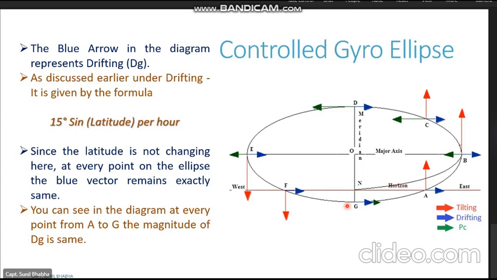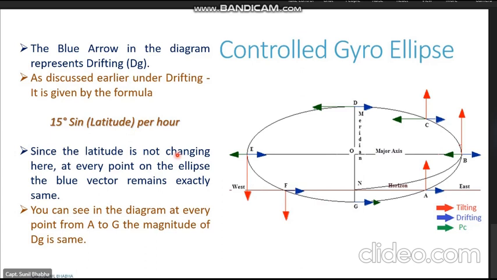If position is same, the latitude will remain the same, and in our formula, 15 degrees sine of latitude will be a constant value. Anywhere you go on the ellipse, at any point, the value of drifting should not change, it should remain the same because there is no variable in the formula. 15 degrees sine of latitude, and the latitude is not changing.